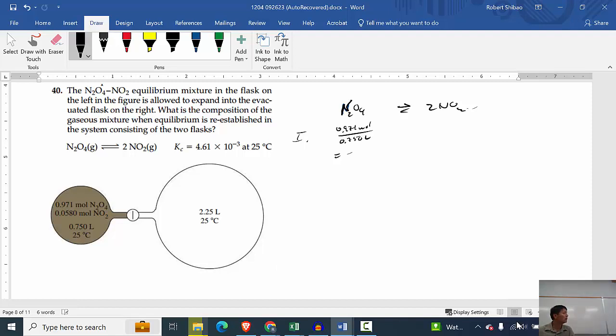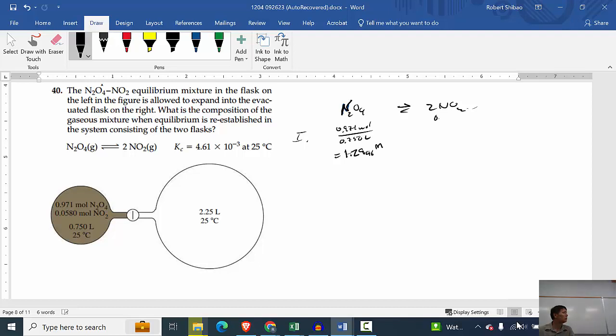I'm allowed 3 sig figs, but I'm going to carry one extra, so 1.294. Maybe I'll carry 2 extra. The reason is that I want to calculate my Q more precisely so that I can see it's indeed at equilibrium. I don't want too much round-off error.